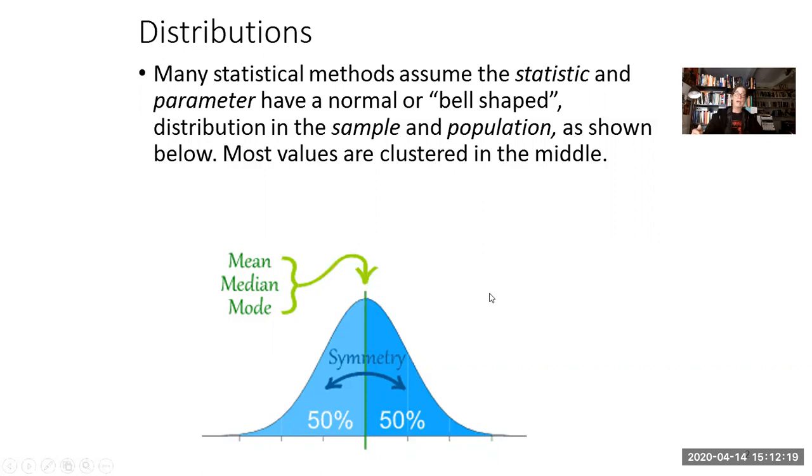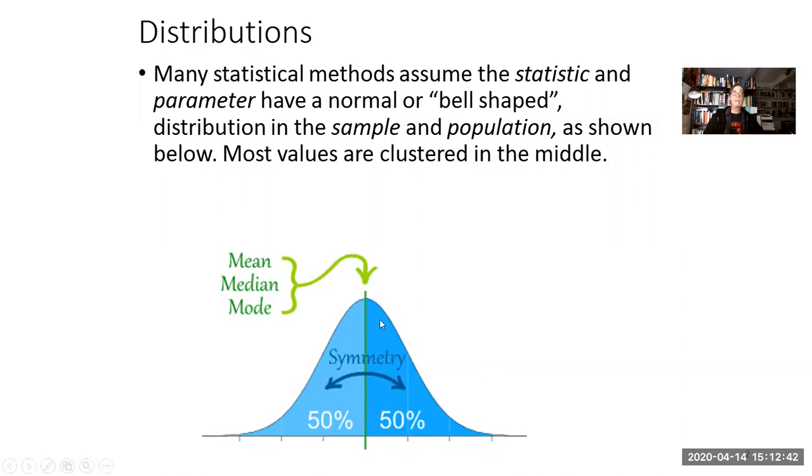You add up all of the measurements of that variable, divide by the number of measurements you have, and you have the average. With a perfect distribution, the mean, the median, and the mode, which is the most common value, are the same. The median is that value that divides the distribution in half.